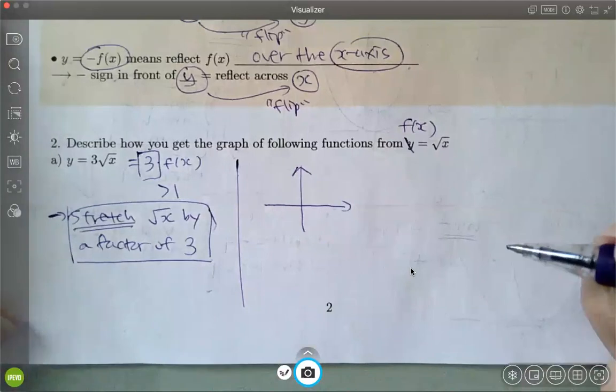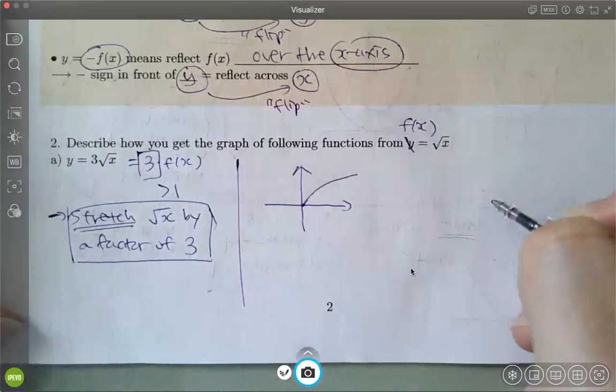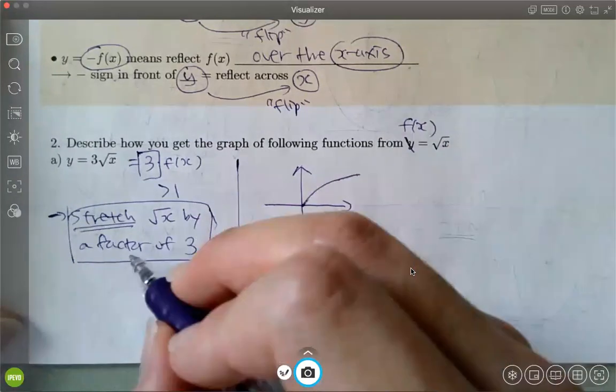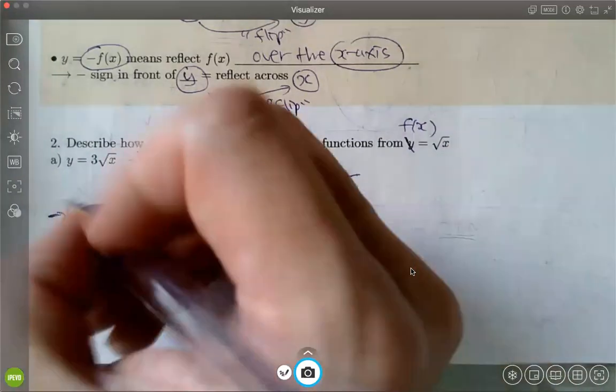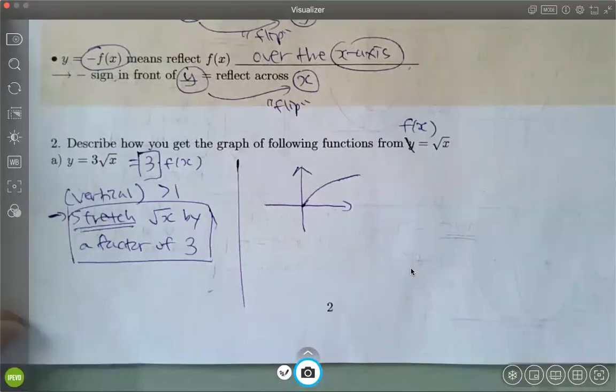How does the graph of square root look? Yeah, it's this one, right? Okay. Now, you are stretching this, and if I want to be specific and picky, I can put vertical stretch. So vertical stretch means what?